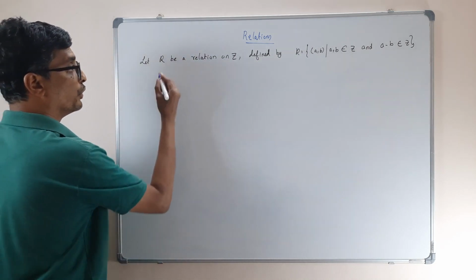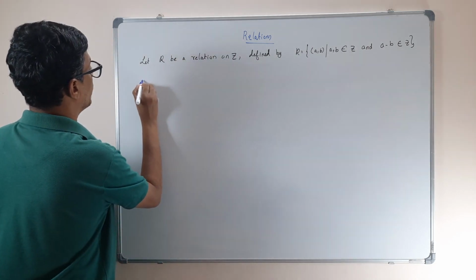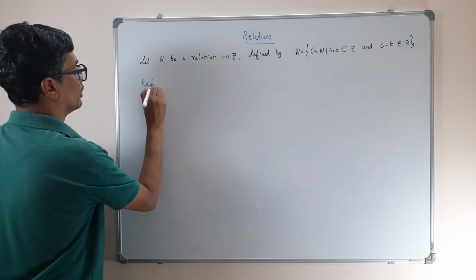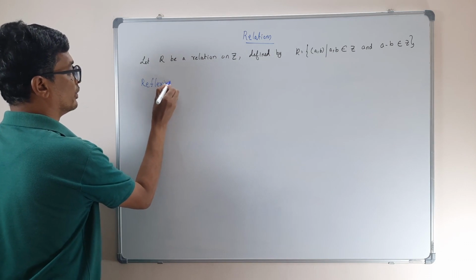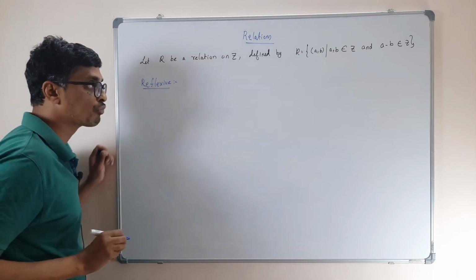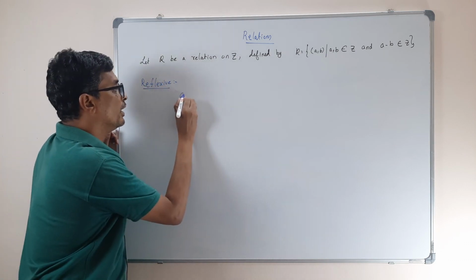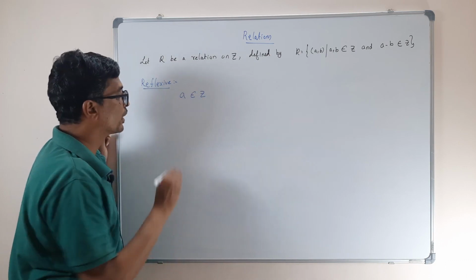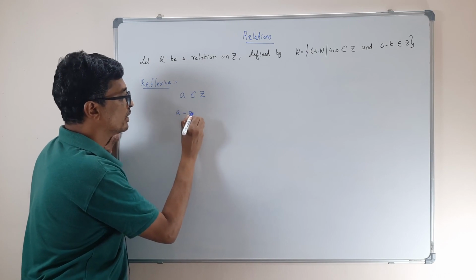Reflexive property: let A be an element of the integers. What is A minus A?